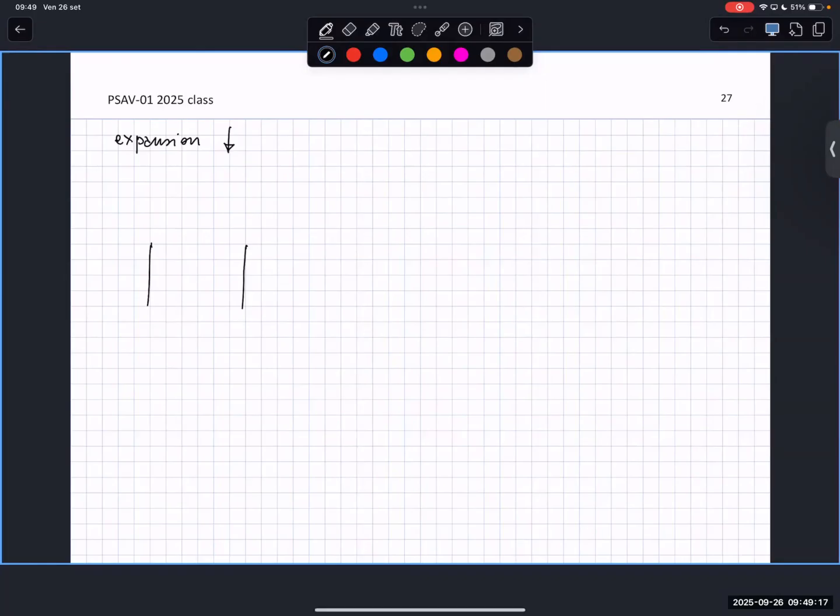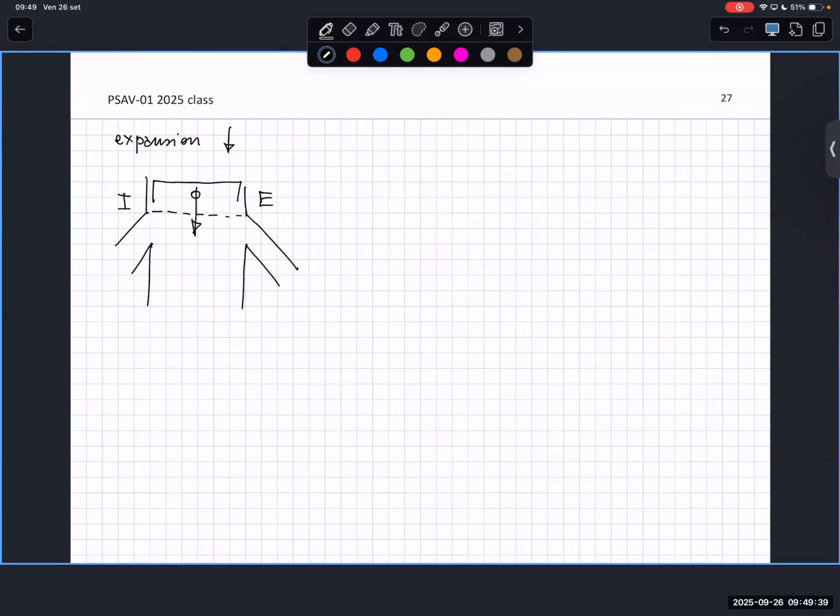So here you have the exhaust port. Here you have the intake port. Now they are roughly designed at the same height. The piston is going down.